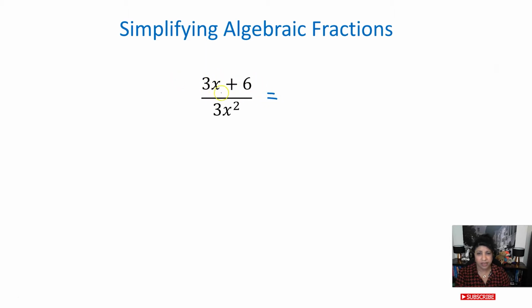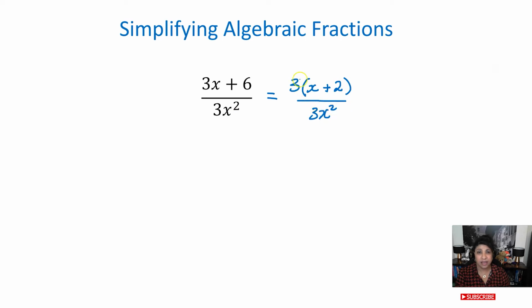Well, we can see the top 3 is common, so we're going to factorize and have 3 outside, so that's x inside plus 3 times 2 is 6, so I will have a 2 inside. Divide by 3x squared.